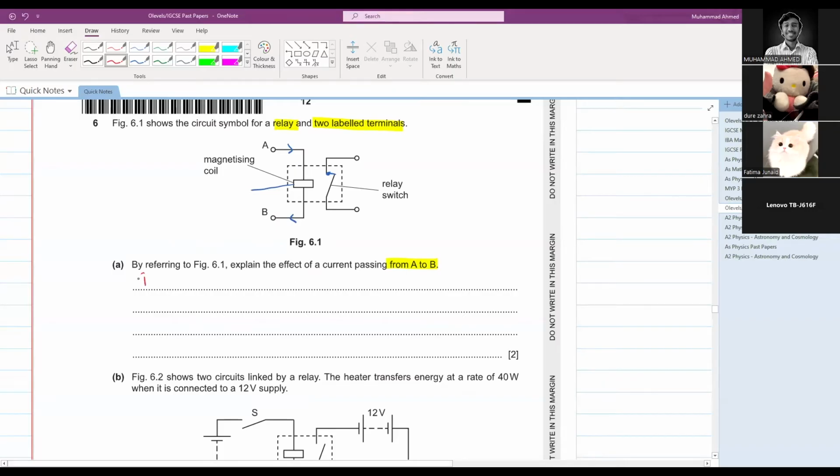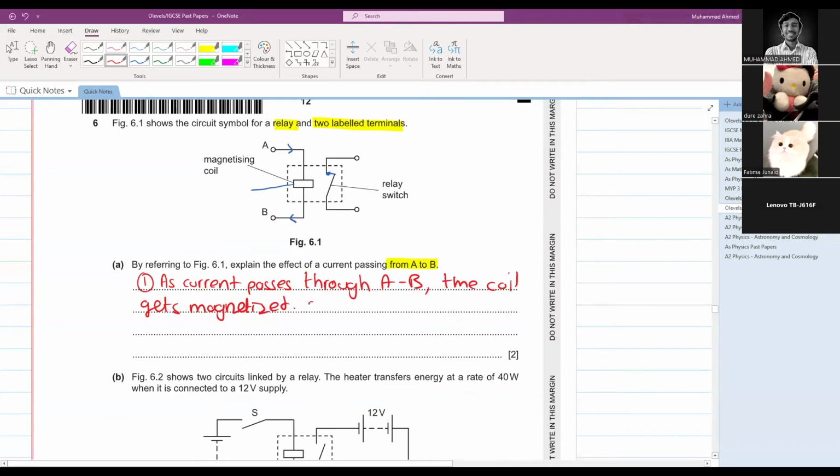So, you can write it here as current passes through the coil or through A to B, the coil gets magnetized. What is the second point you will write here?